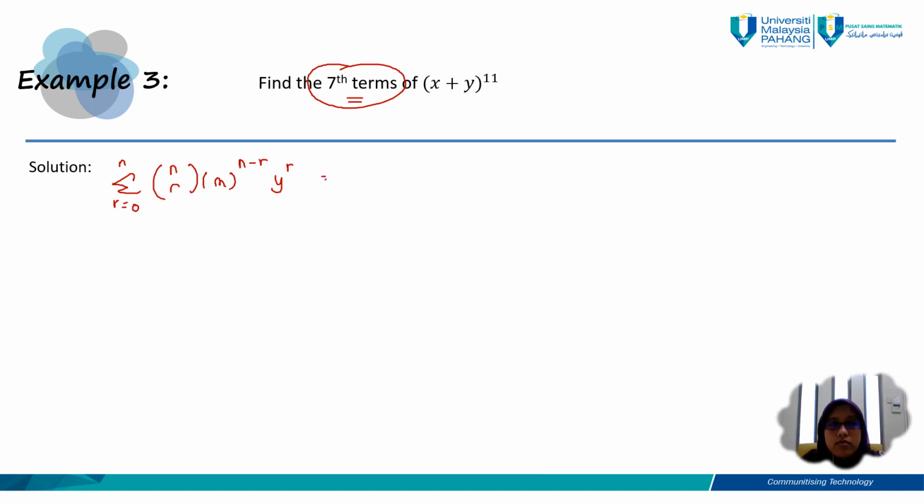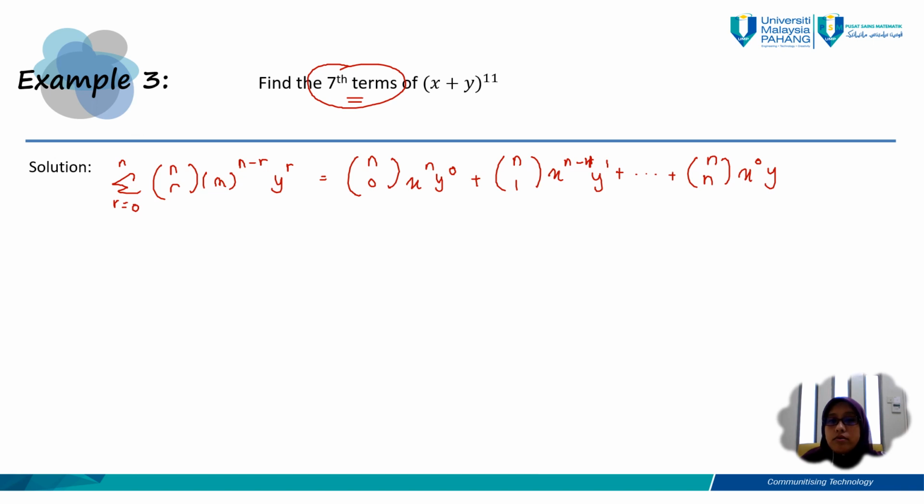I will start with n choose 0, x to the power of n, y to the power of 0, and then plus n choose 1 multiplied with x to the power of n minus 1, y to the power of 1, plus until I have n choose n, x to the power of 0, y to the power of n.